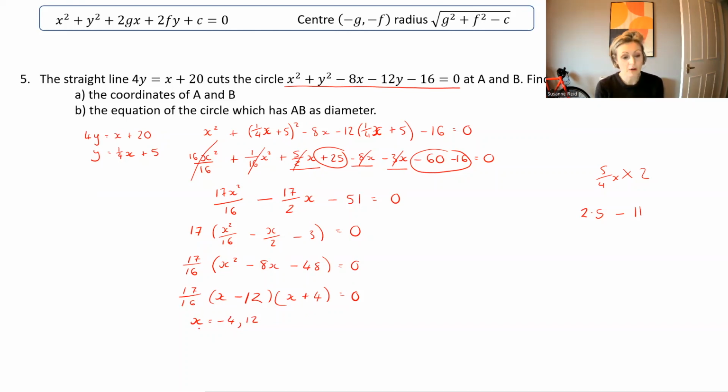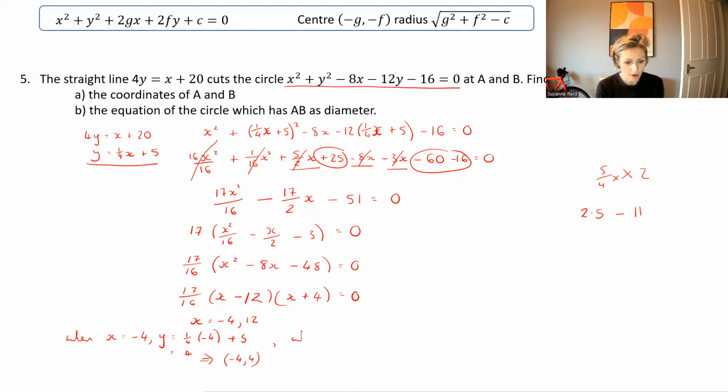So I need to find the corresponding y coordinates. When x equals minus 4, y equals, and I'm going to use this formula up here, a quarter of negative 4 plus 5, which is a quarter of negative 4 is minus 1, plus 5 is 4. So that gives me the coordinate negative 4 across, 4 up.